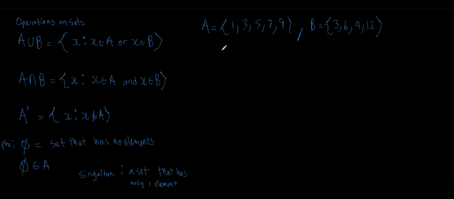So A union B would be as follows. From set A, the union is basically where there's an overlap, meaning there's some element in common. So there's an overlap.